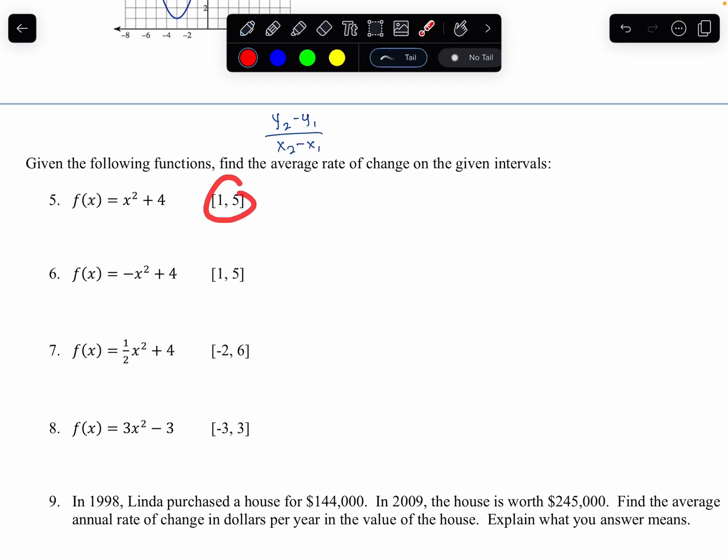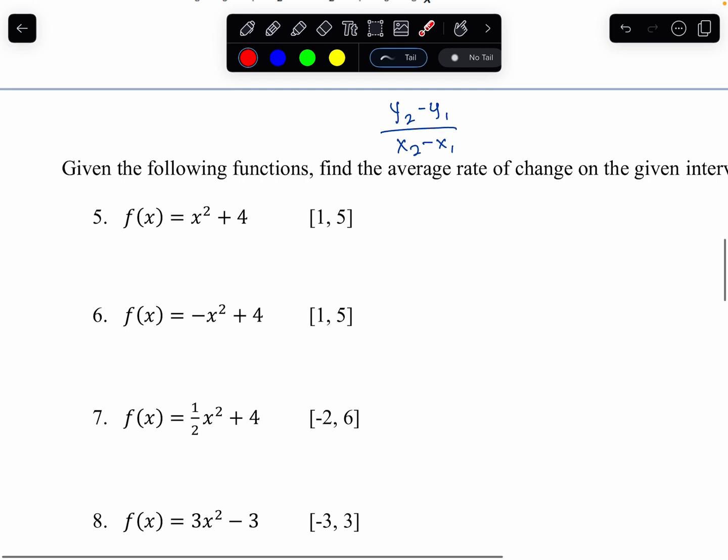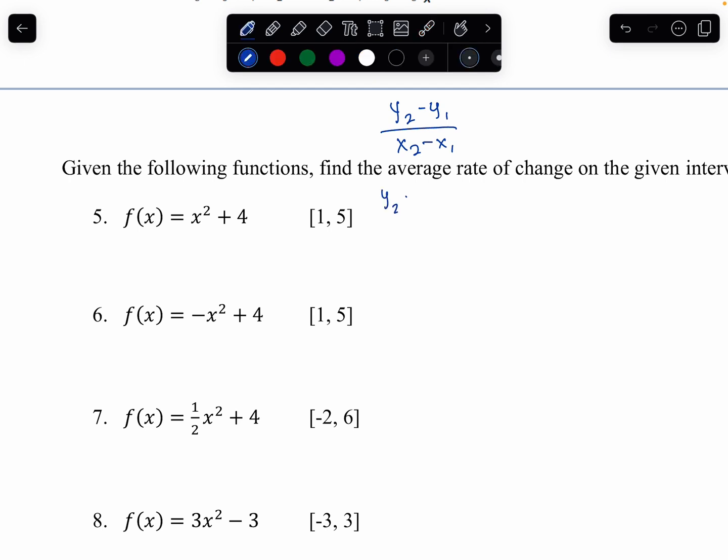Remember that these are the x values, so x2 is 5, x1 is going to be 1. Now I'm going to find y2 by plugging in 5. So y2 is going to be equal to f of 5, and that's going to be equal to 5 squared plus 4.